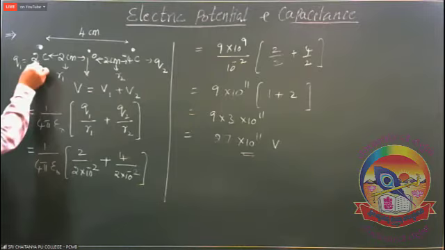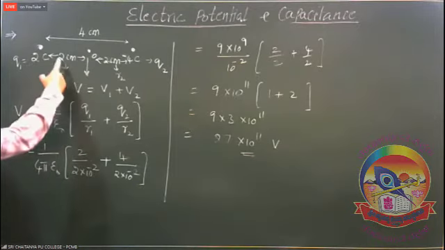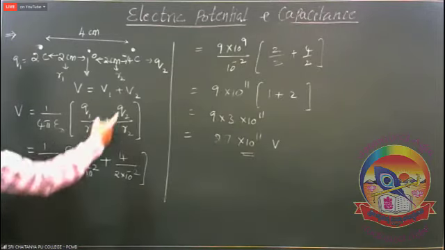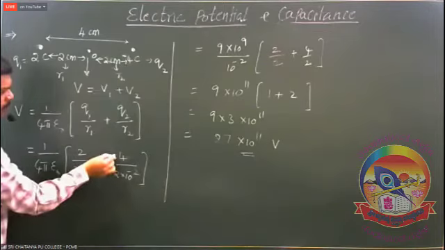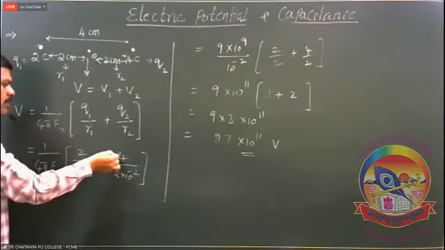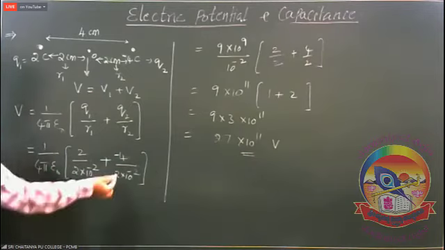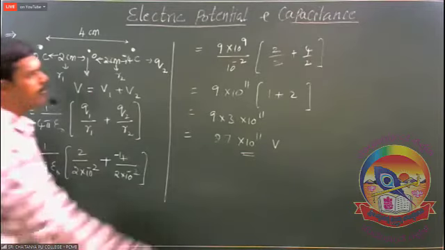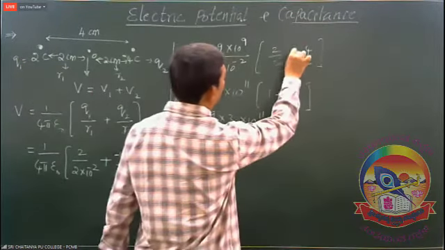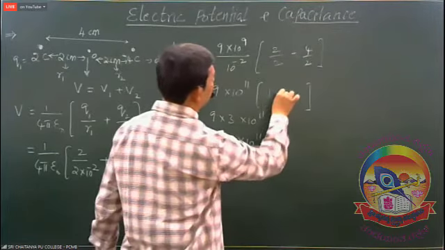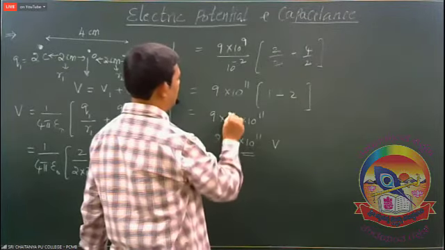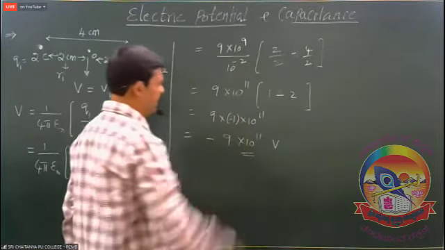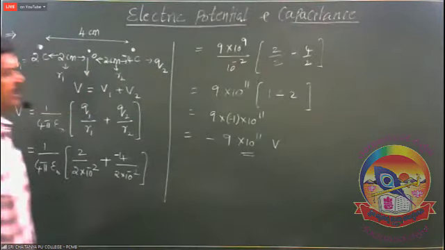What is Q1 here? 2 coulomb, with distance 2 centimeter, 2 into 10 power minus 2 meter. Plus Q2, minus 4 coulomb, by distance 2 centimeter, 2 into 10 power minus 2. Here I get minus, and overall I get minus 9 into 10 power 11.